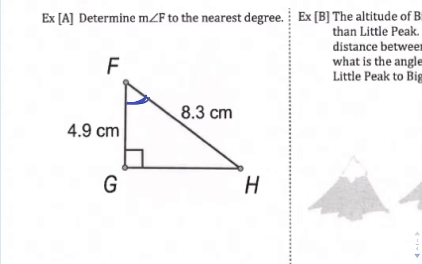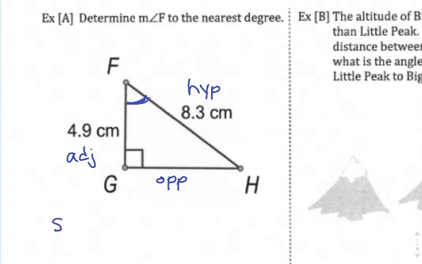Well, like anything in this unit, we have to label our triangle. So if I'm talking about angle F, that means that any side opposite angle F would be my opposite side. Remember, hypotenuse is always across from the right angle, and then your adjacent side would be next to. So still using SOHCAHTOA, we're just going to plug it differently into our calculator this time.